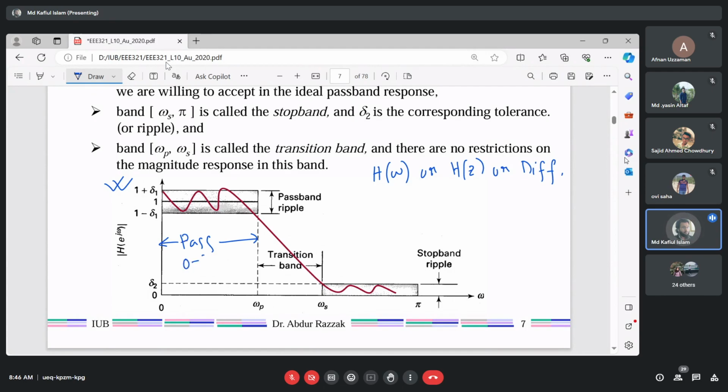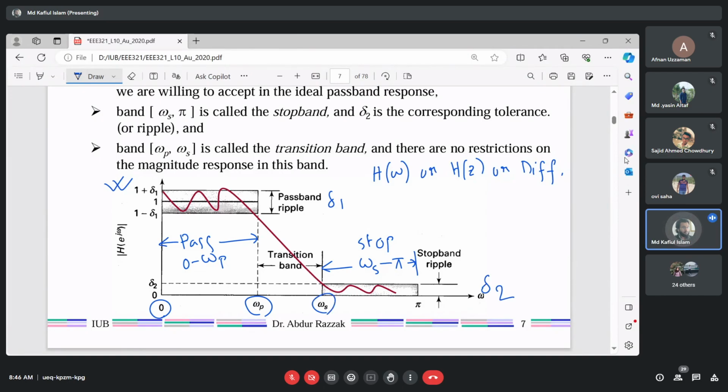It is from 0 to omega p, starting from 0, ending at omega p, right? What is the stop band region? Omega s to pi. Okay, so that is our stop band. What is the passband ripple? Delta 1. What is the stop band ripple? Delta 2. Okay.